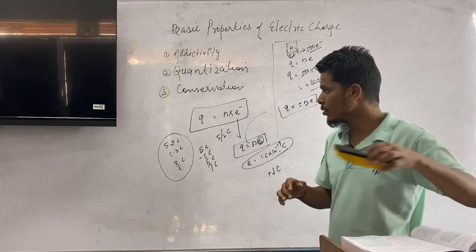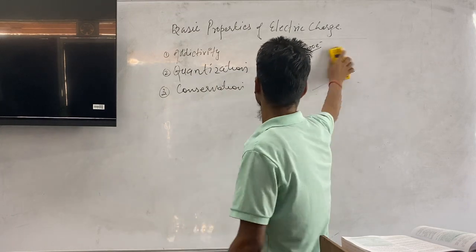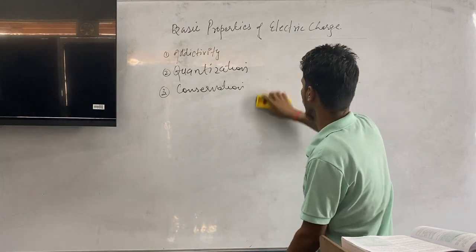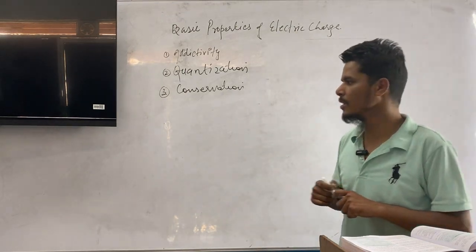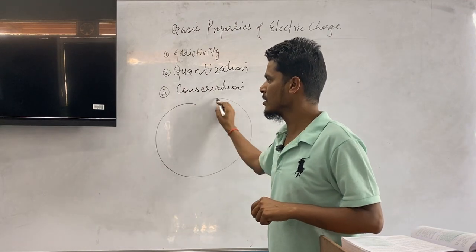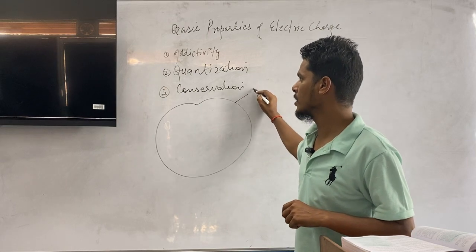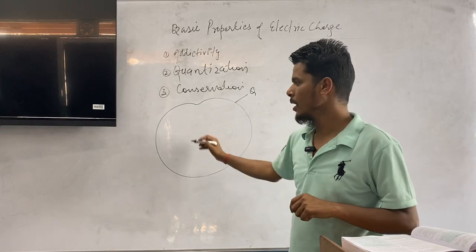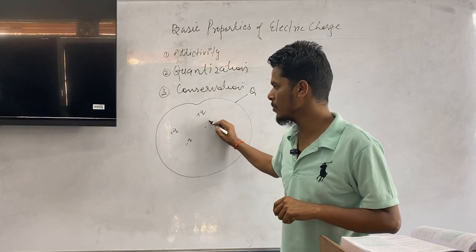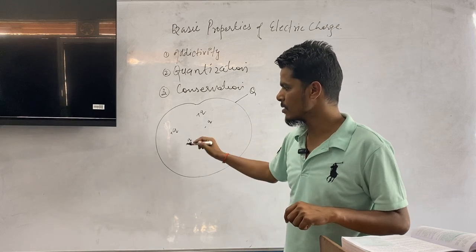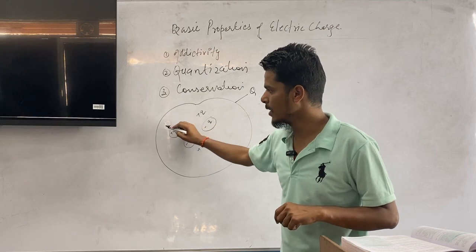And if I want to tell you about this law, the conservation of the property of electric charge, in other words, I can say this is an isolated body, right? Suppose it has a total charge, and suppose this is positive Q, this is minus Q. Suppose in some condition it becomes positive and it becomes negative.